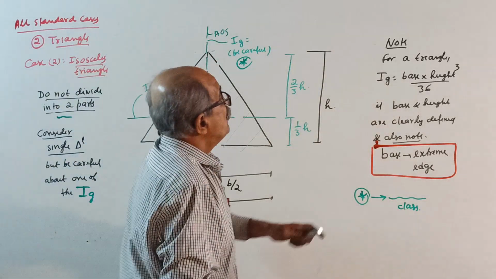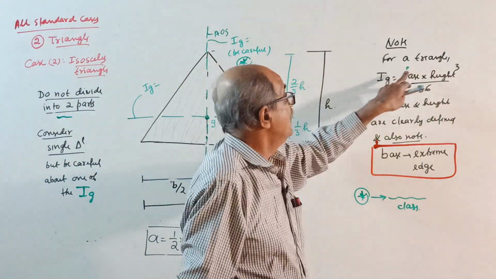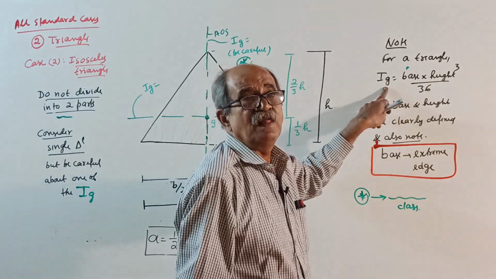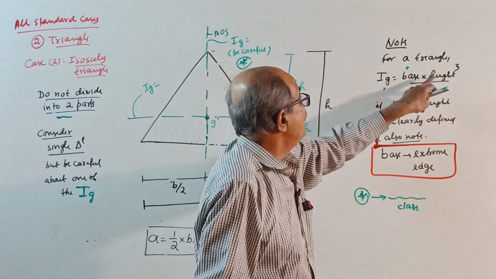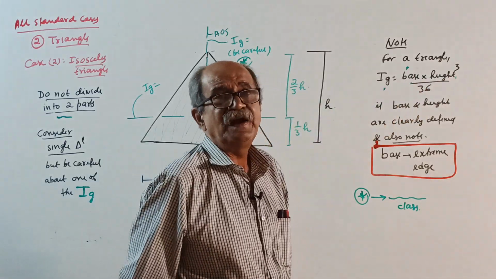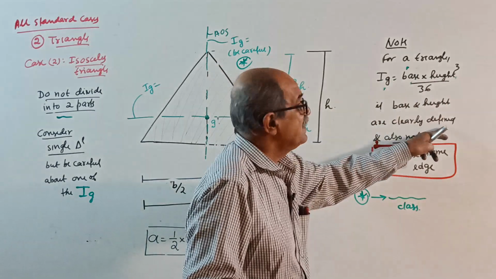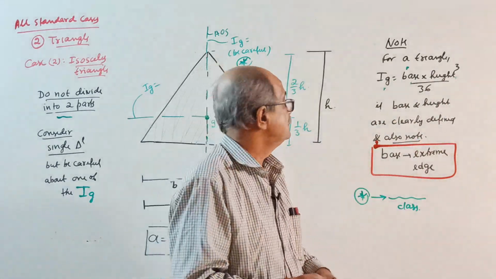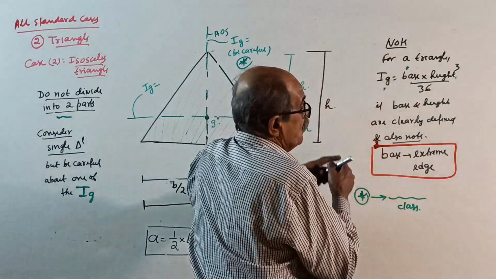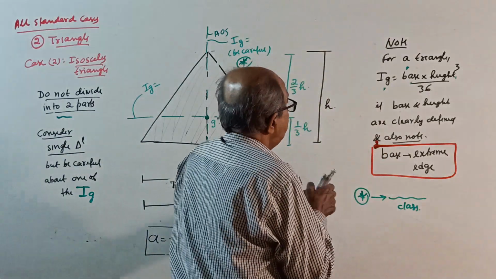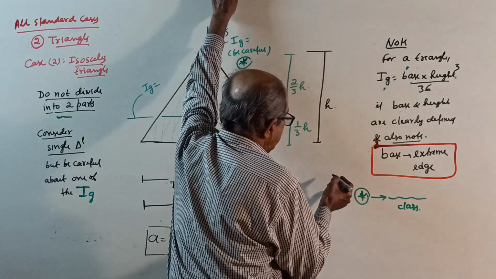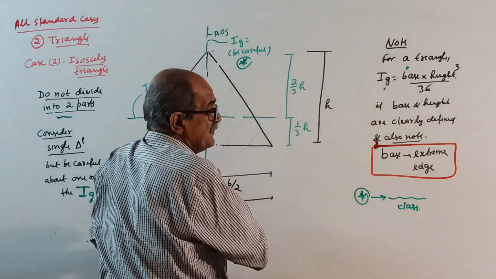Now, one note you write. For a triangle, I about centroidal axis is base into height cube by 36, if base and height are clearly defined. Make one more note here. If it is a right angle triangle, see what happens.